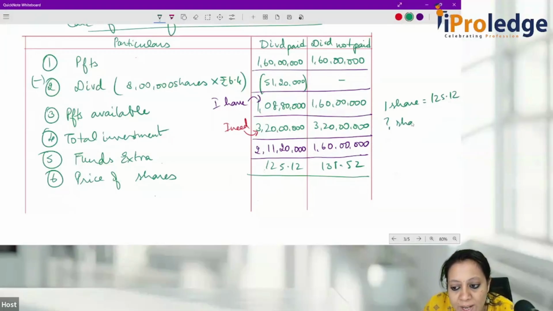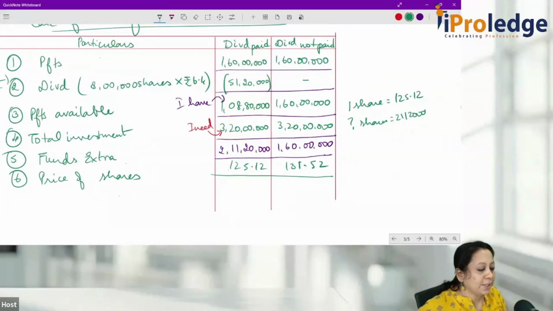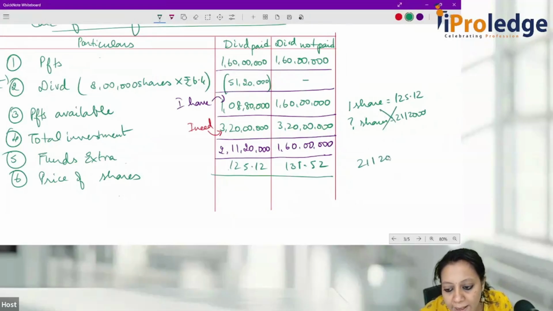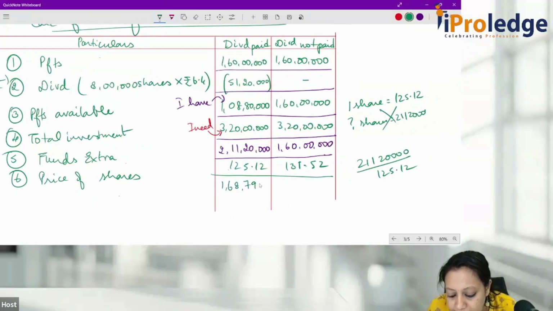That means how many shares will give me 2 crore 11 lakh 20,000 is the question. So how many shares do we need to raise? Cross multiplication: 2 crore 11 lakh 20,000 divided by 125.12 is 1 lakh 68,797.